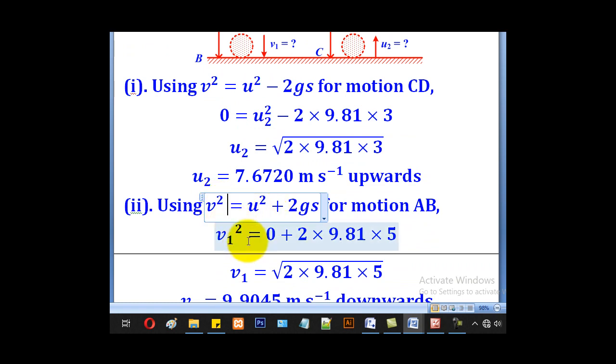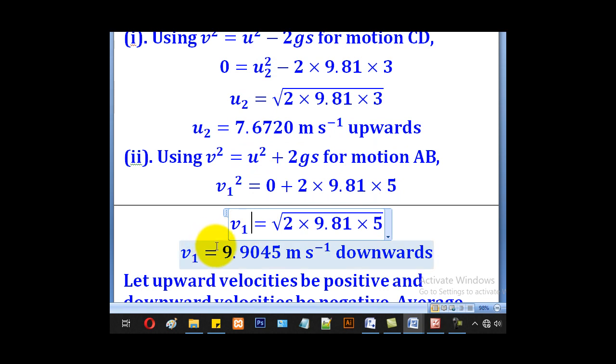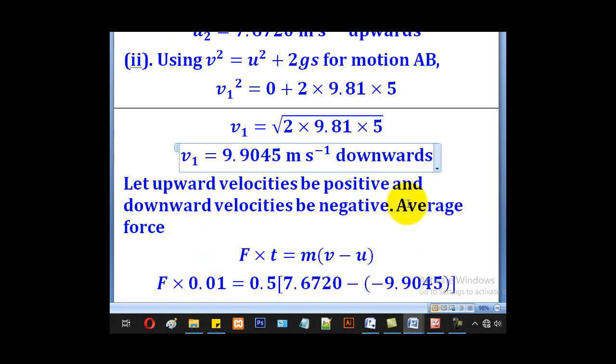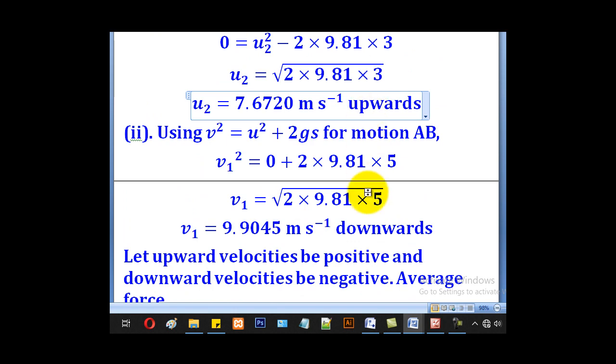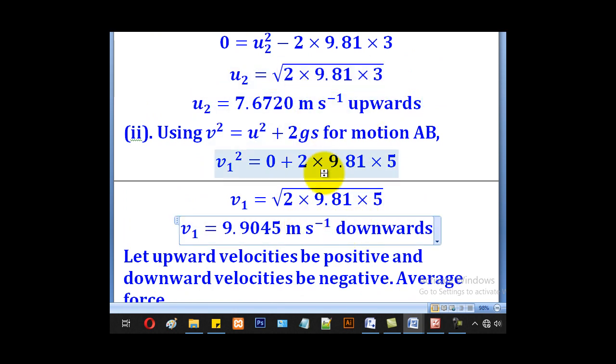So v squared, v is what we want, u is 0, g is 9.81, and s is 5. When we make v1 the subject, we shall get 9.9045 meters per second downwards. Now note that this is upward, this is downwards. So when there's a change in direction, we denote it by a change in sign. So we shall let the upward velocities be positive and the downward velocities be negative.